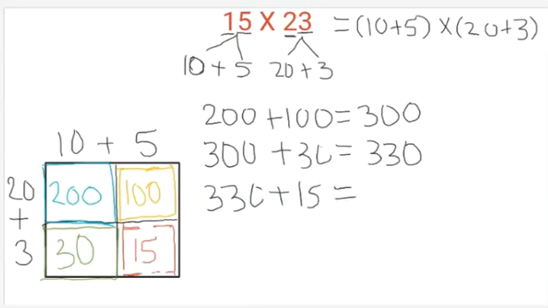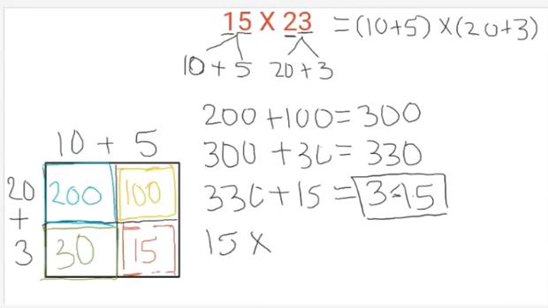And that gives me 345 as our final answer. So now we know that 15 times 23 equals 345. This is our final answer.